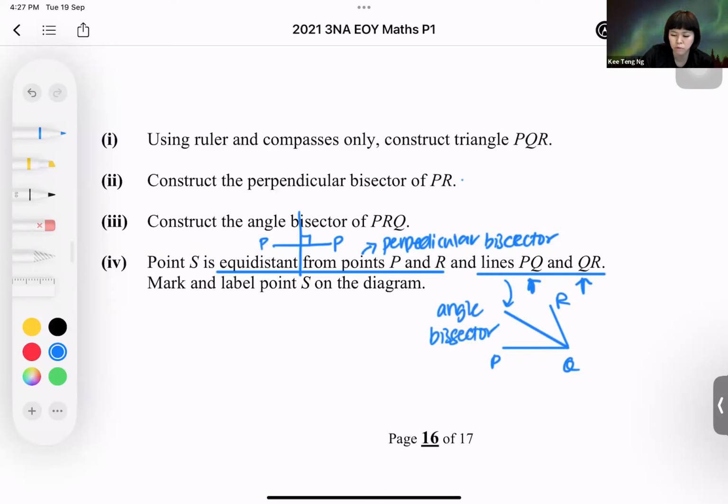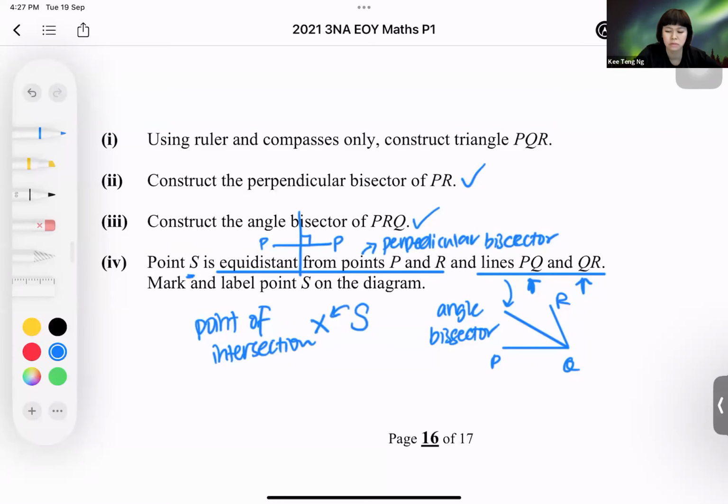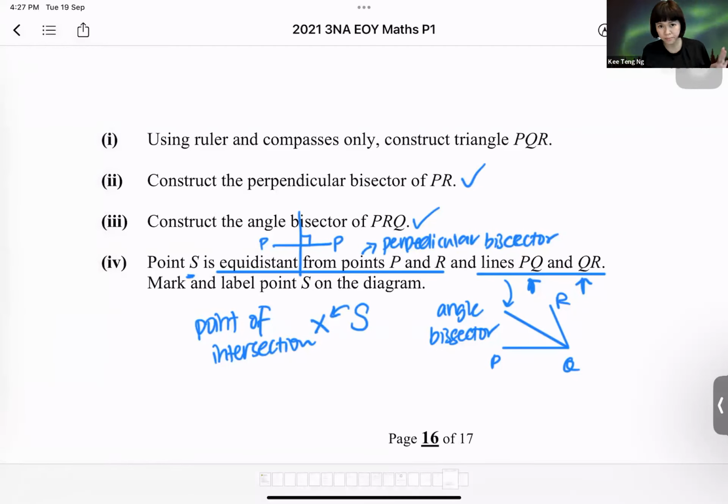So you notice I have drawn a perpendicular bisector and an angle bisector. And this point S satisfies both. So you are looking at the point of intersection of the angle bisector and the perpendicular bisector. So you can spend some time to draw, and then mark the point of intersection with a cross, and then label it letter S. Is that okay? All right, last question.